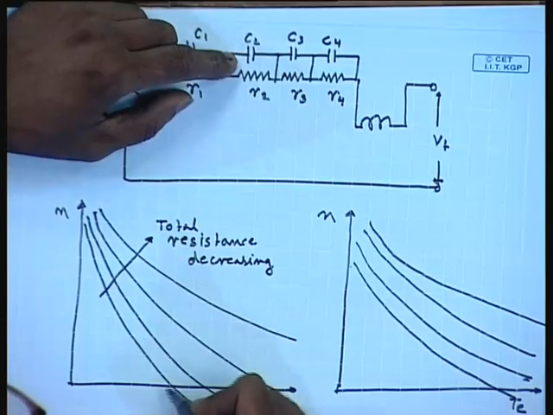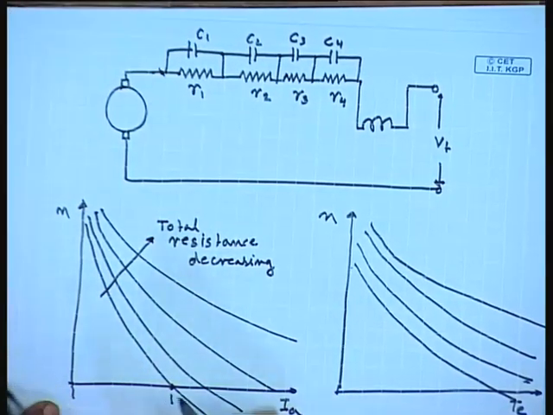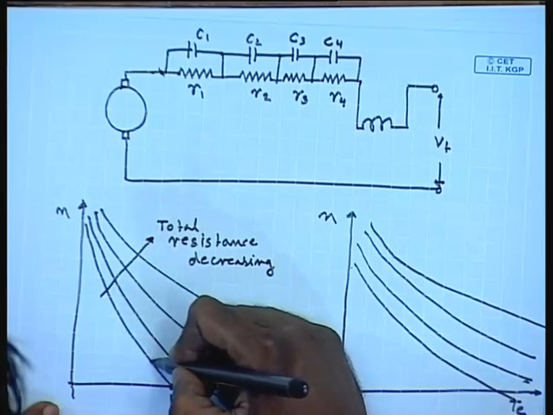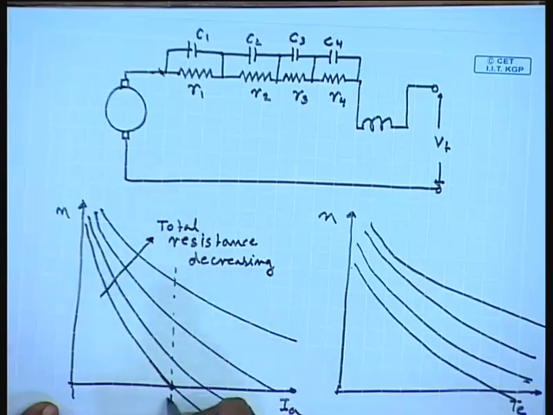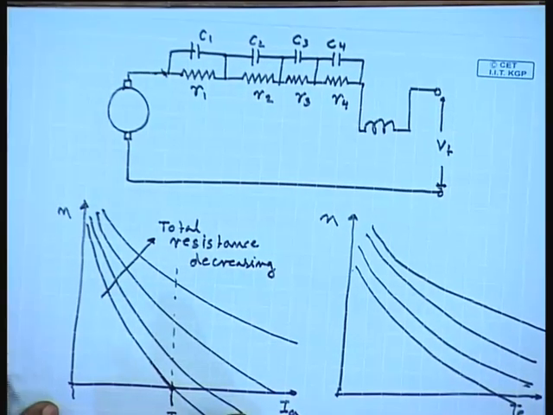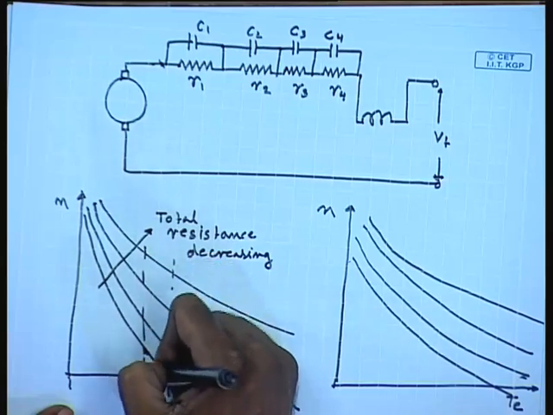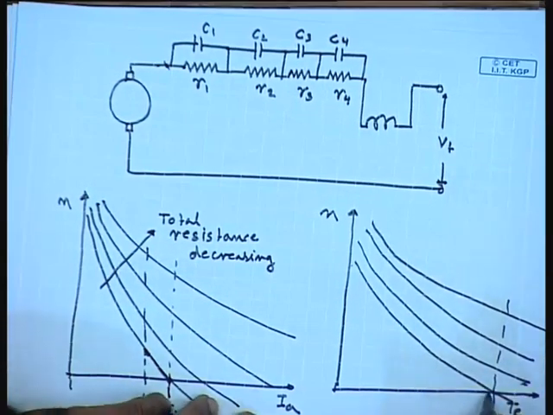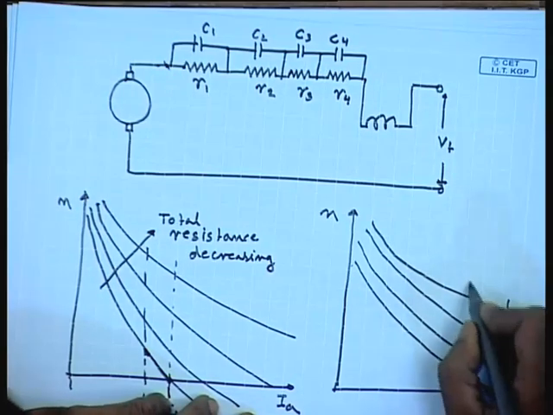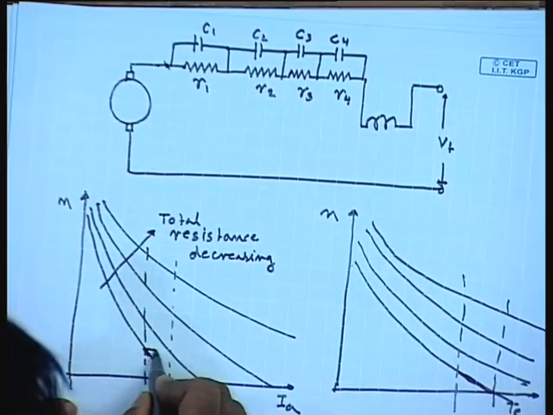So, suppose we start with the maximum resistance and this will be the starting current, and as the machine speeds up, this is the maximum allowable current, let us say I1. As the machine speeds up, the current reduces, so does the torque, and at this value let us say we short the first resistance.